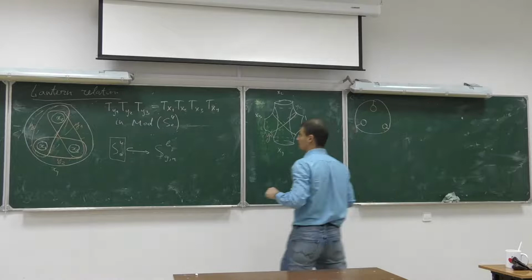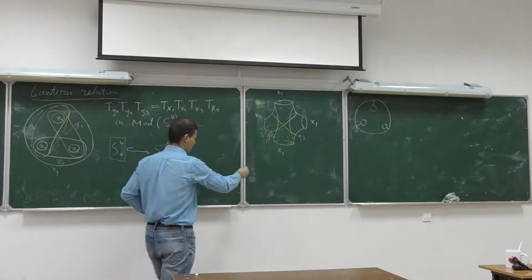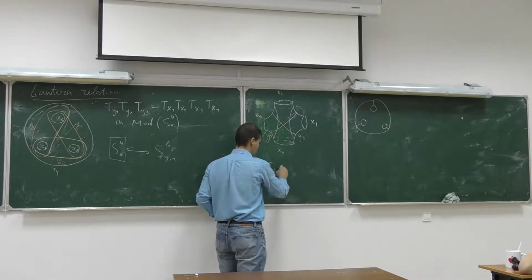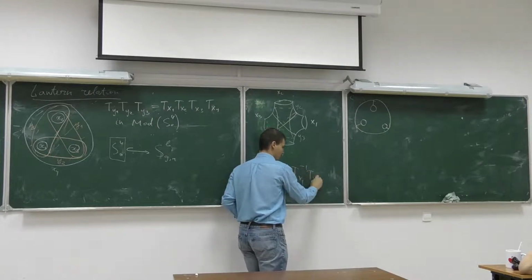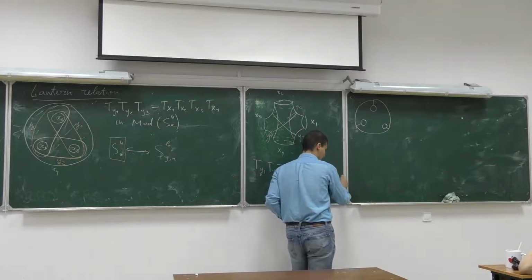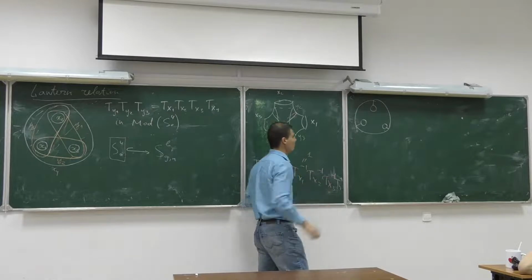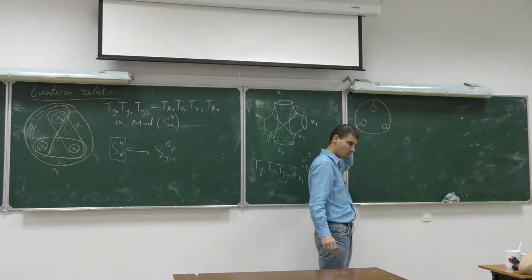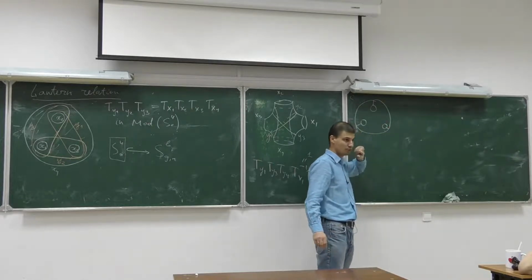So we would like to prove that this product with the inverse, this element, is trivial. It is sufficient to prove that it preserves all these arcs up to isotopy.